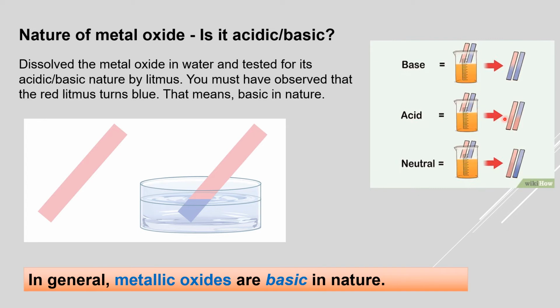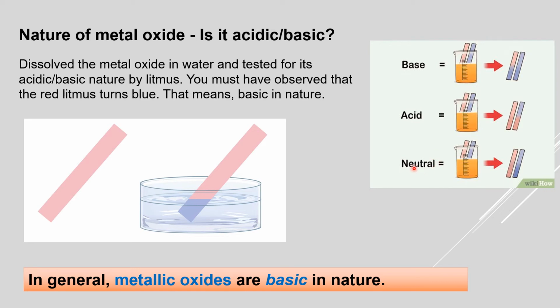And neutral, neutral means for example distilled water, not tap water. Tap water may contain some acidic substances. So distilled water is neutral. When we put the red paper and blue litmus paper into it, there is no color change because the medium is neutral.